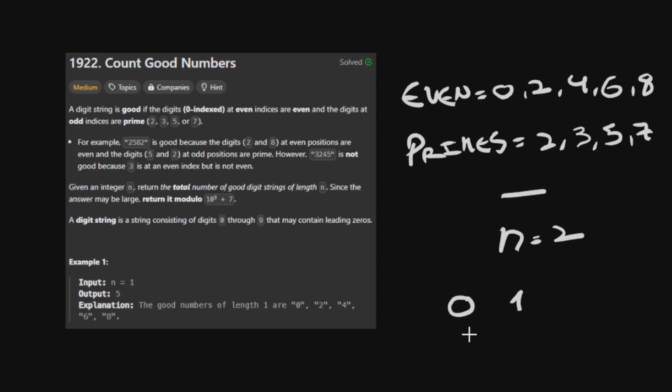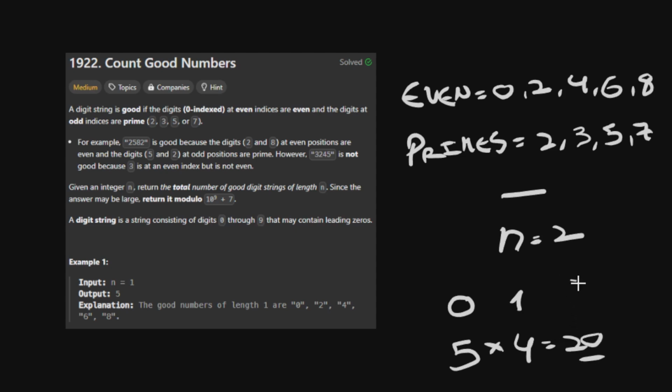So given that we have 5 even numbers, here we have 5 possibilities, and for index 1 we have 4 possibilities because we have 4 primes from 0 to 9. So for this digit at index 1 we could place any of our 4 primes. So here we can put a 4. And to get the result we only have to multiply these values. So 5 times 4 is 20.